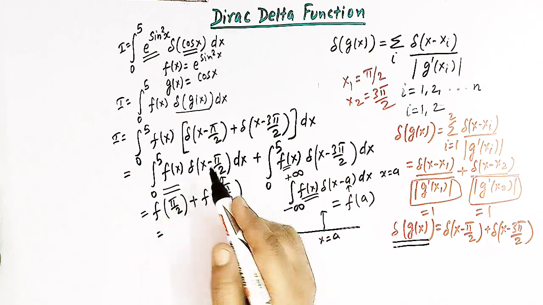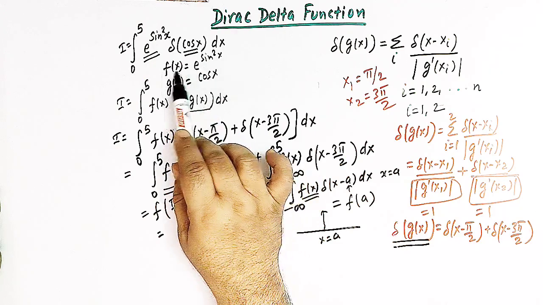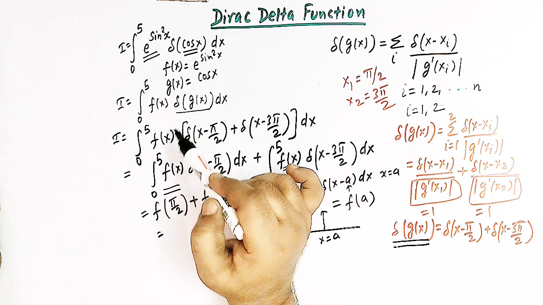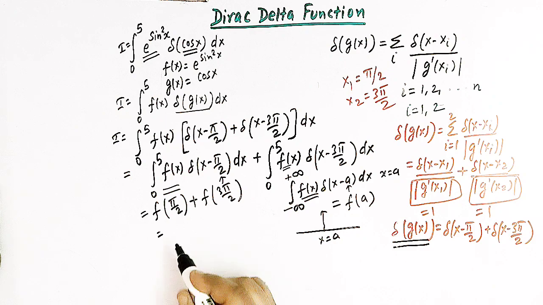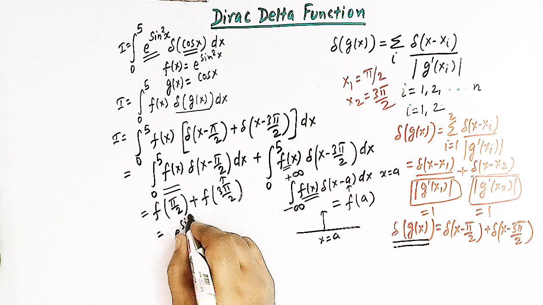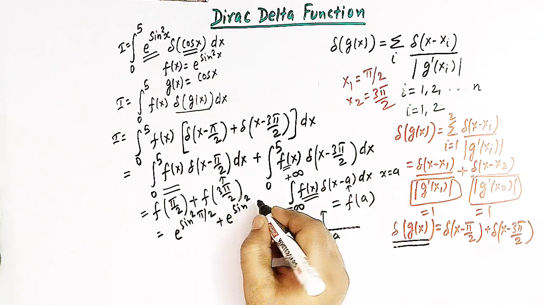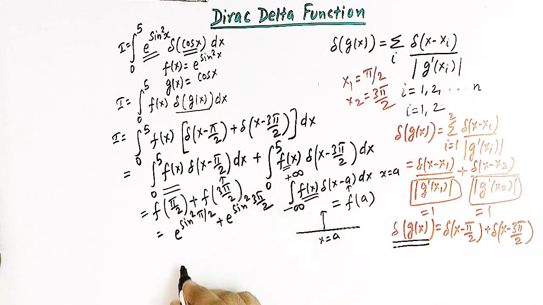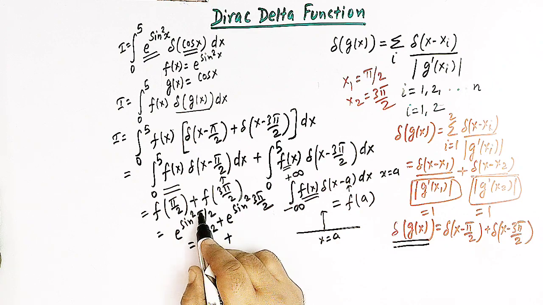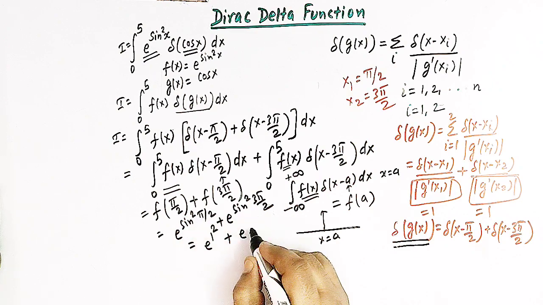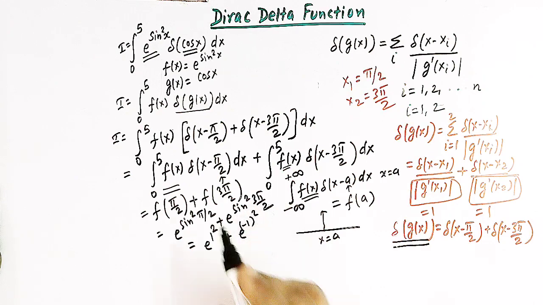Now f of pi by 2 can easily be evaluated from this function by taking x equals pi by 2, and then x equals 3 pi by 2. So we have e raised to sine square pi by 2, and then e raised to sine square 3 pi by 2. So this is e raised to 1 squared, because sine pi by 2 is 1, and then e raised to minus 1 squared, because sine 3 pi by 2 is minus 1.